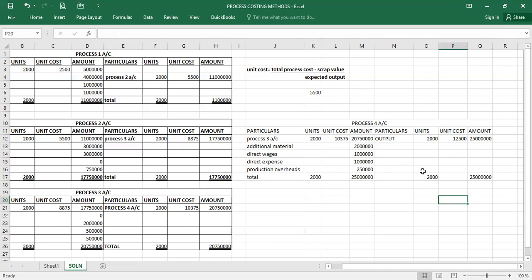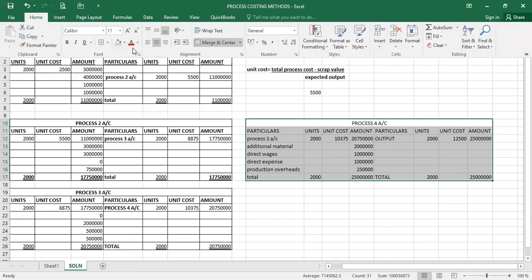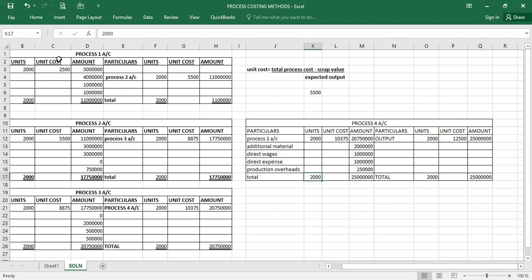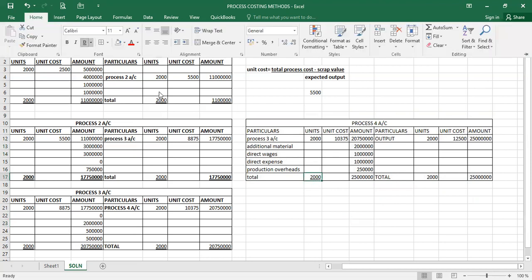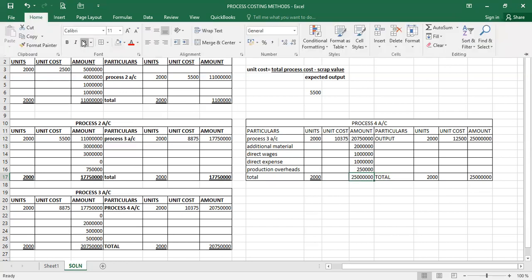So when we are done with that, this one is the total, and we can try to put these borders, and we see how we can make it look fine. Then we try to close off this by double underlining it, and the figure we are double underlining, then this one, then the last one.